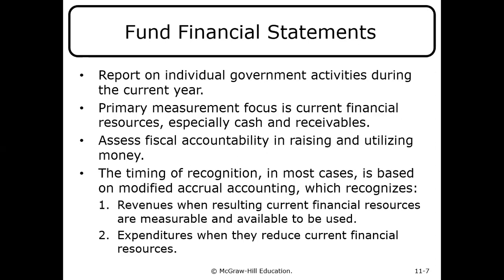We use modified accrual accounting to create those financial statements. What does this mean? We record revenues when resulting current financial resources are measurable and available to be used, and expenditures when they reduce current financial resources.